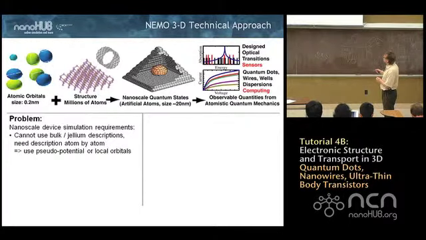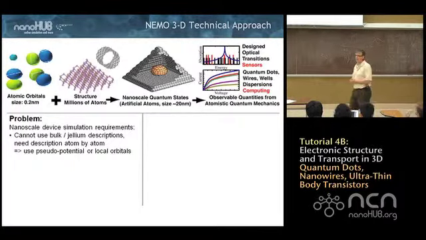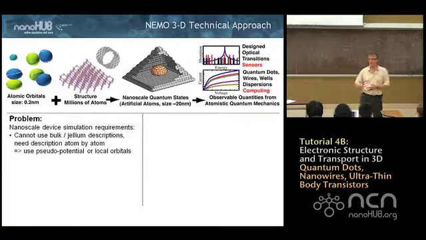So if you want to do simulations that include atom by atom, there's really 2 choices. If you want to do quantum mechanics in this realm, you can do pseudopotentials or you can do local orbitals. Pseudopotentials are usually derived out of plane wave representations, and local orbitals are just local orbitals that represent electronic structure.